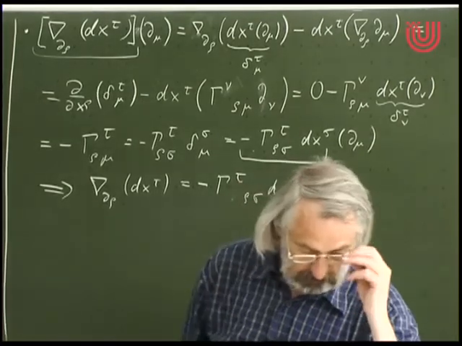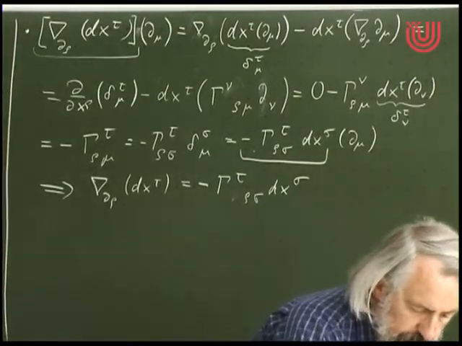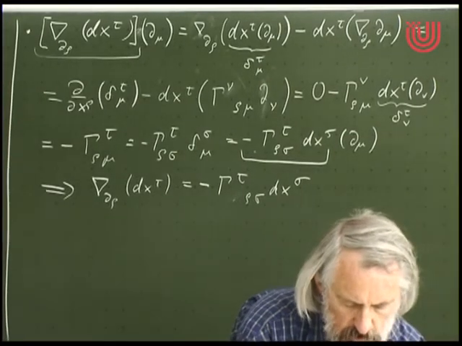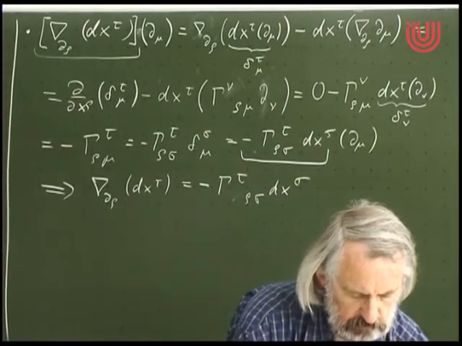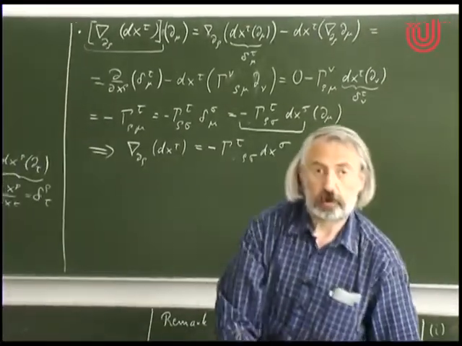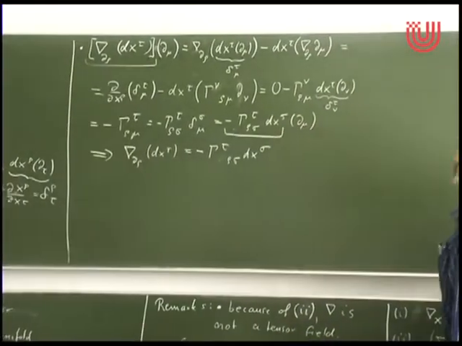Okay, so we know what the covariant derivative does in a chart on the basis vector fields. And then we can calculate what it does on arbitrary vector fields, or covector fields, or tensor fields. So that's what we want to do now.